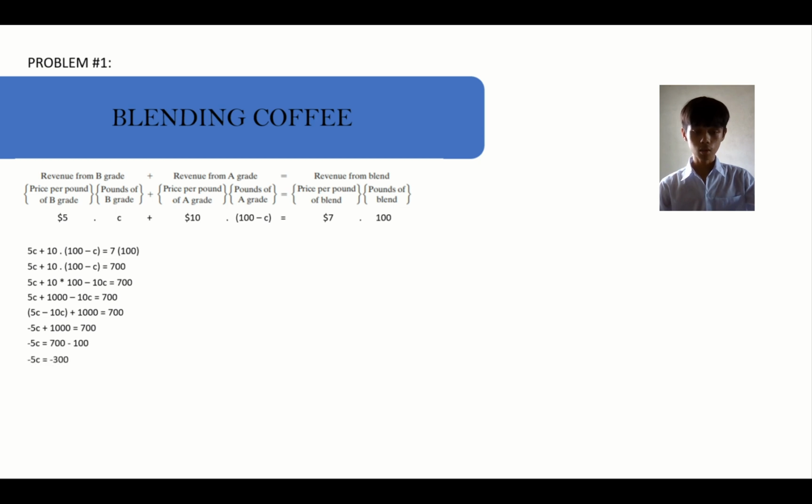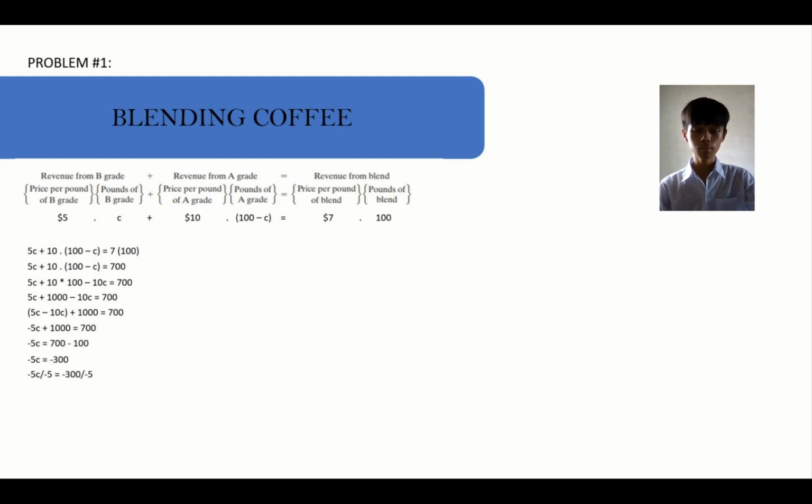Negative 5C equals negative 300. So divide negative 5 from both sides. So we have negative 5C over negative 5 equals negative 300 over negative 5.